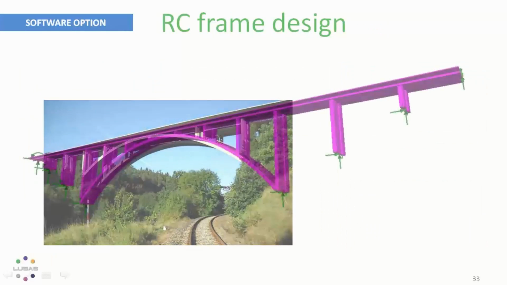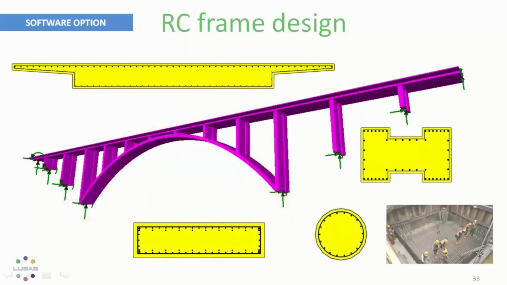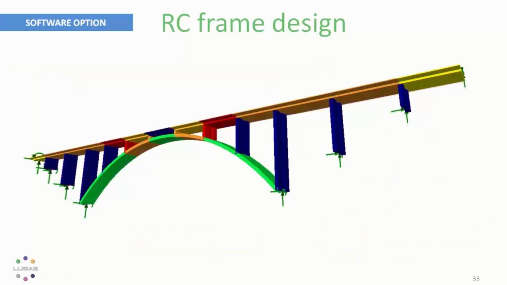The RC Frame Designer offers ultimate limit state and serviceability limit state checks, including crack widths for biaxial bending, together with overall tension or compression for reinforced concrete beams or columns or piles. In fact, any shape of cross section and any reinforcement arrangement.